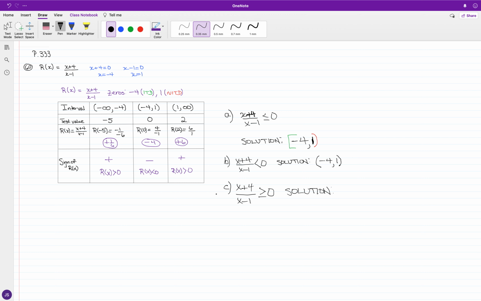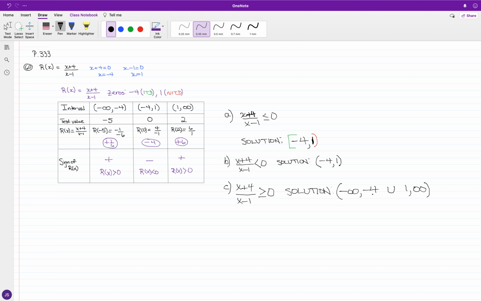And for the solution, where we have greater than or equal to 0, this will be in the same directions where r of x is greater than 0, and you have the corresponding limit values at negative infinity and negative 4, as well as 1 and infinity. Now for the enclosures, infinities are boundless, so we maintain the use of parentheses.